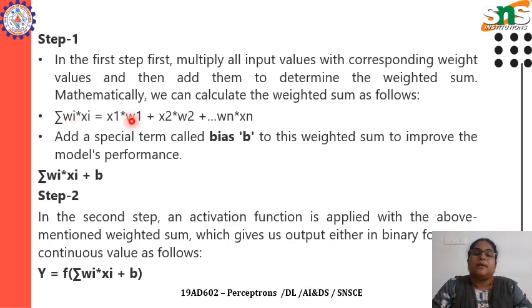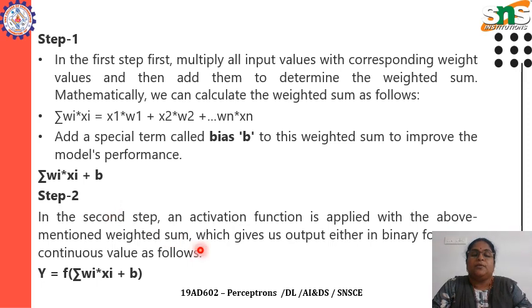So what are the sums? X1 into W1 plus X2 into W2 till you have Xn into Wn. Then add a bias value B, a special term B, to the weighted sum to improve the model performance. So finally, we have got the equation from step 1, summation of Wi into Xi plus B.